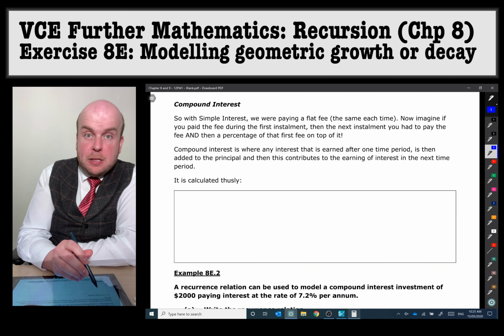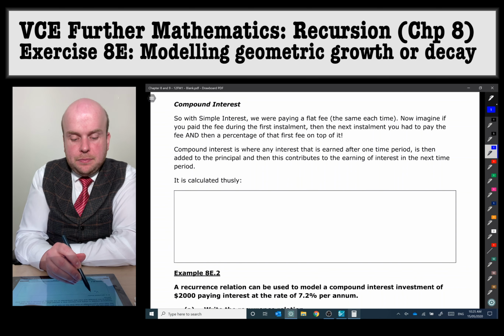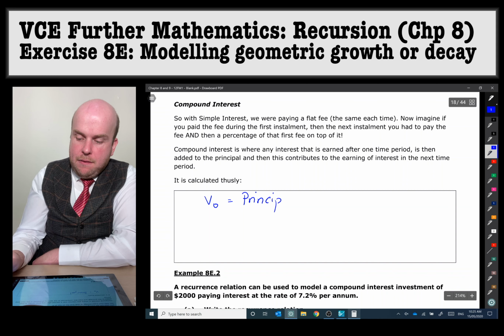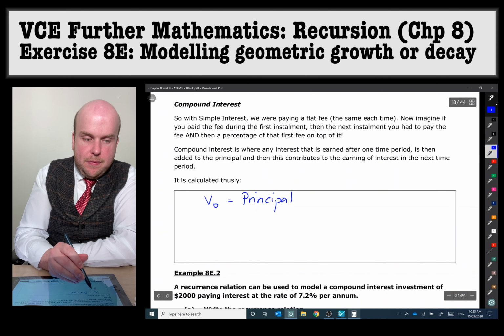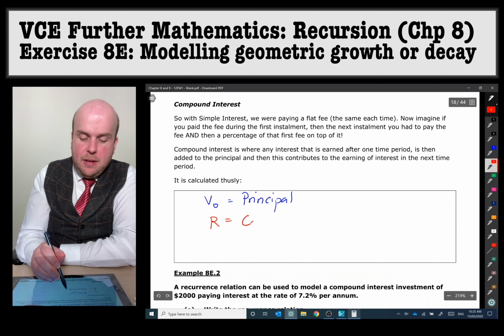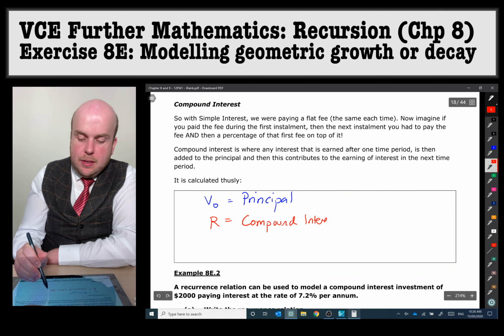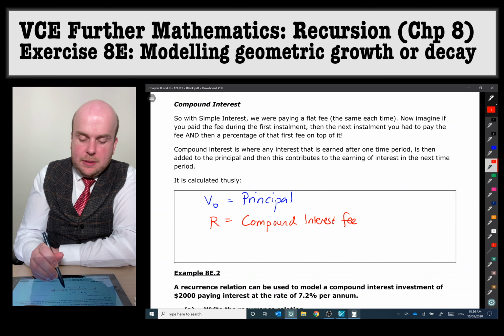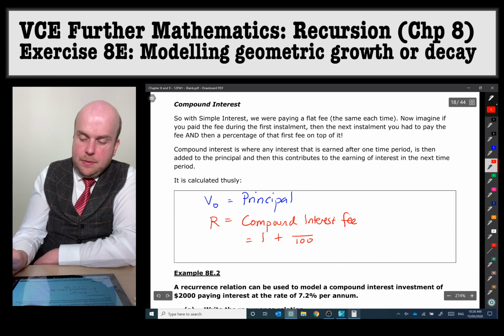So how do we calculate this? Well, we start with a principal, which is our V0. And then we have a capital R, which is the compound interest factor, and that equals 1 plus little r over 100.